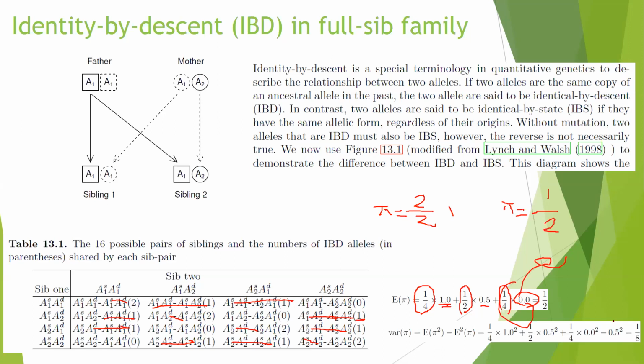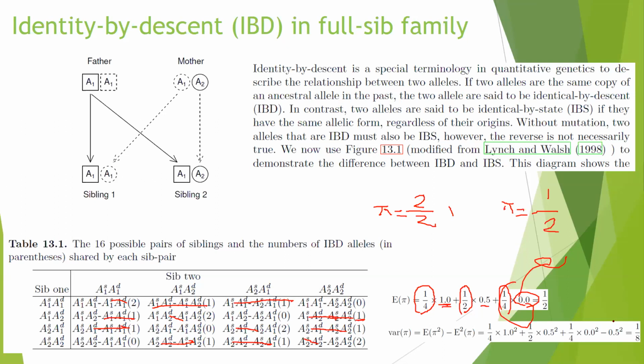Any other questions on this slide? So they're full siblings, and we have the expected value, which is pi. I don't understand the reason for the 1/2 and 1/4 values. Did we go over this before?